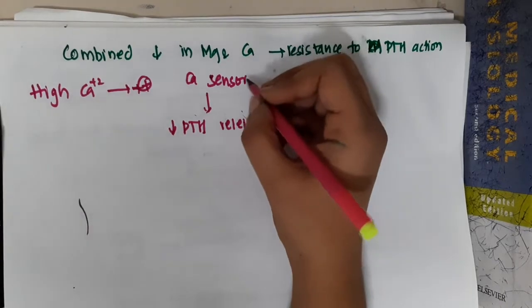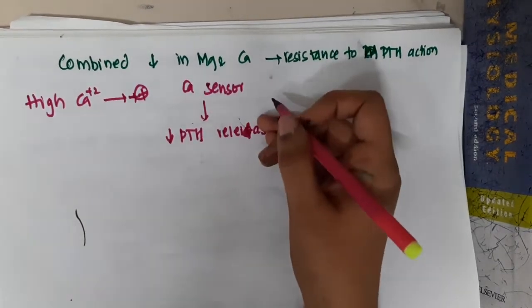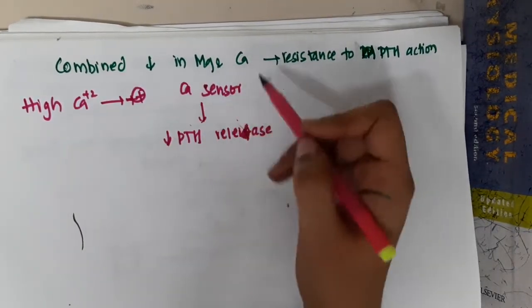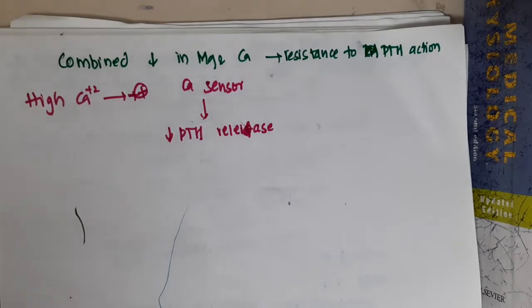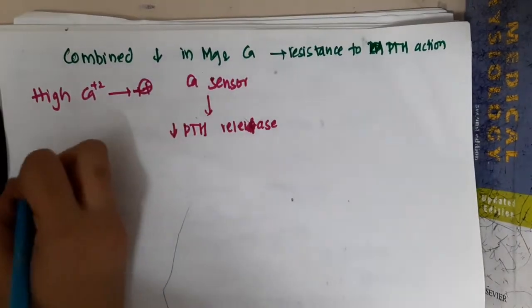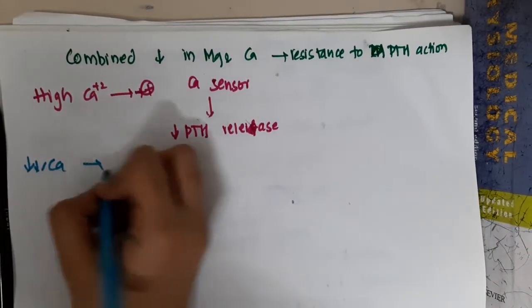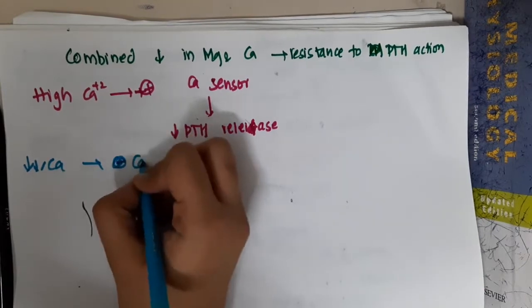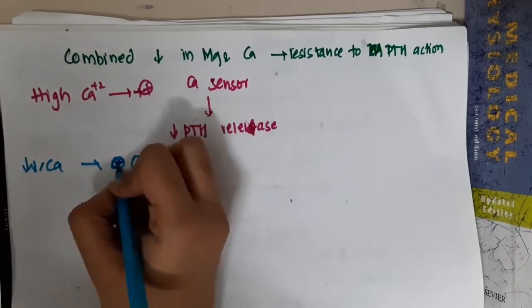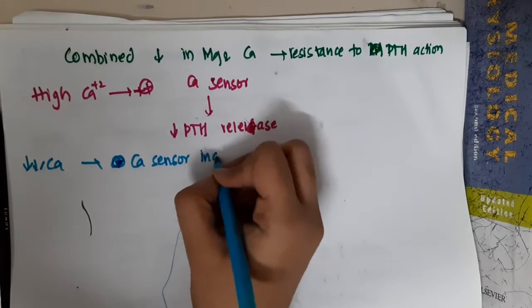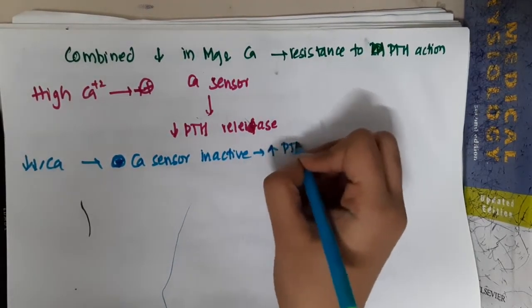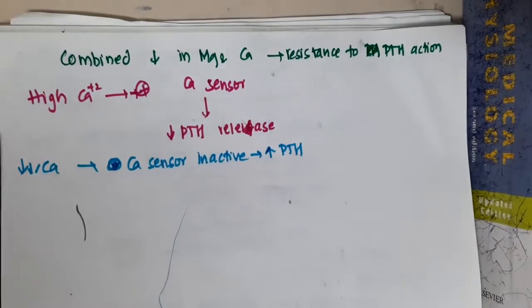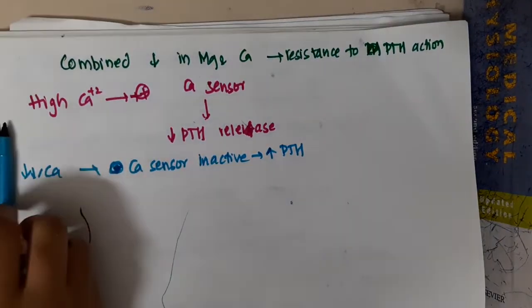This calcium sensor is important. So whenever there is high calcium, it will activate the calcium sensor and thus decrease the parathormone release. Whenever there is low calcium, it will make the calcium sensor inactive, and because the calcium sensor is inactive, it will increase parathormone release.